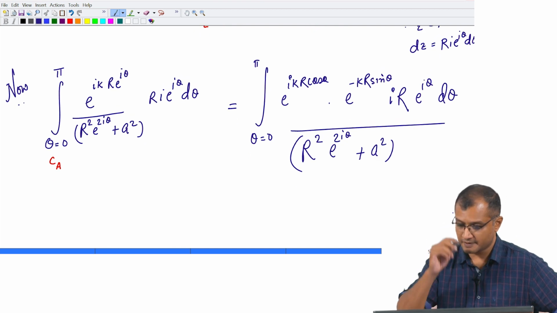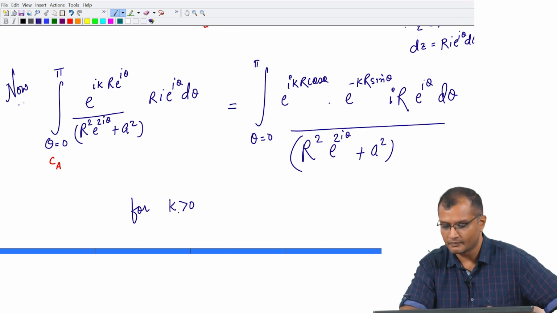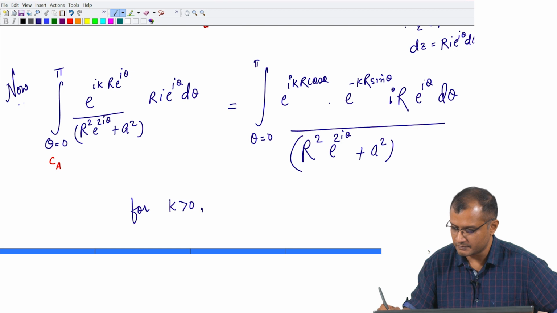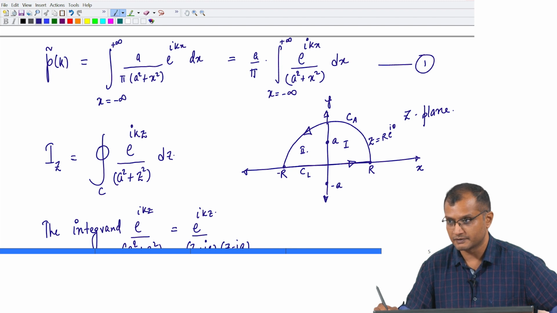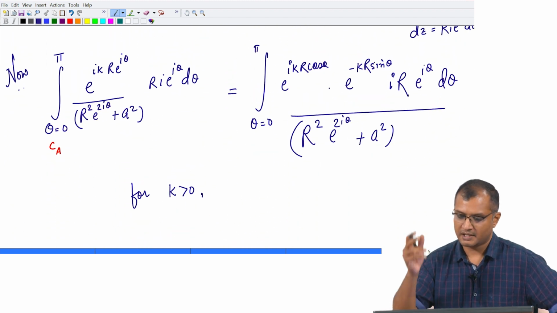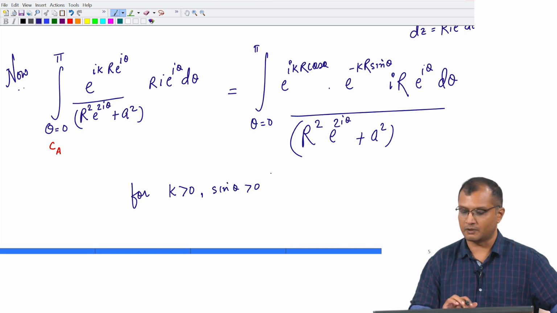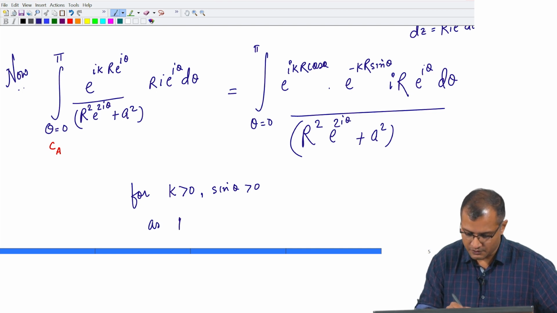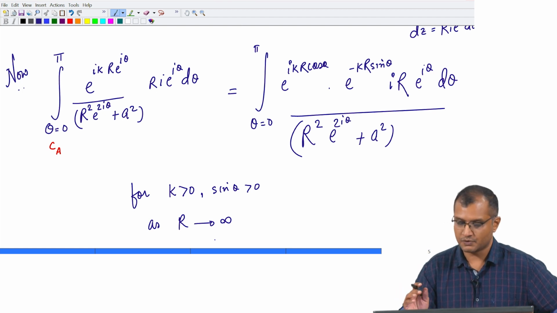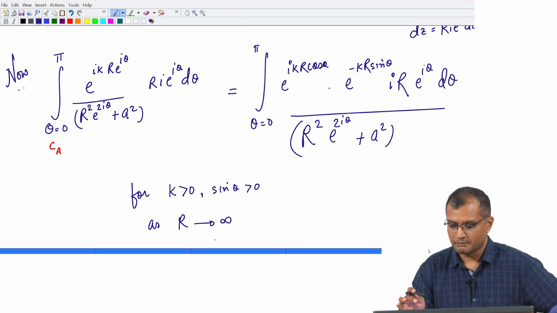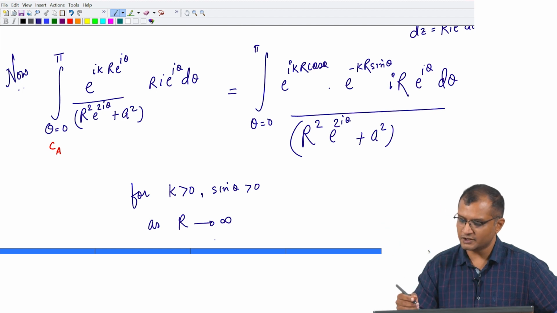So, as you can see, for k greater than 0, I know in the quadrant that I am doing my integral, the first quadrant and the second quadrant, sin theta is always positive. So, if k is greater than 0 and sin theta is always positive, okay, because I am in the first and second quadrant, then as r goes to infinity, I can see that my numerator goes to 0, okay, because it is going as e to the power minus r into r, and the denominator is going as r square.